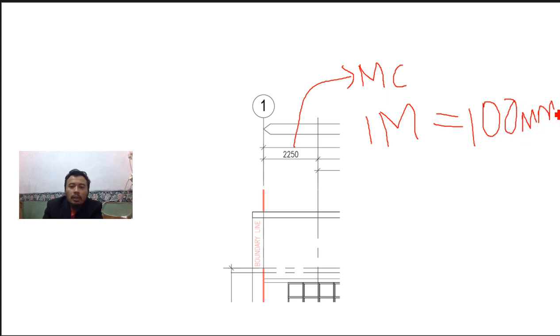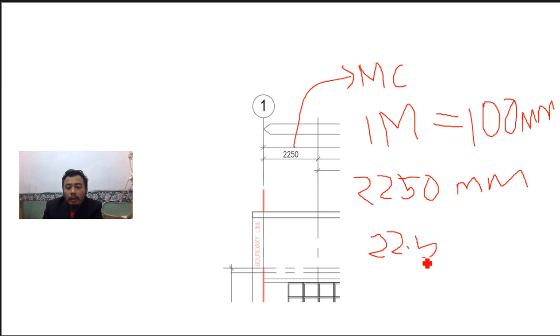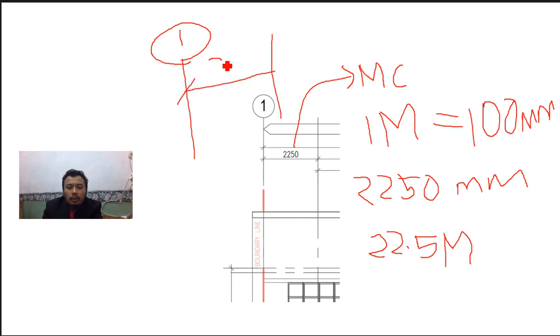So this one is 2250 mm. If it is converted into MC, it will be 22.5 M. So if it is written in modular coordination, the dimension would be 22.5.